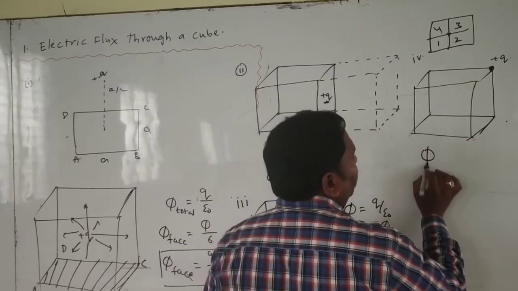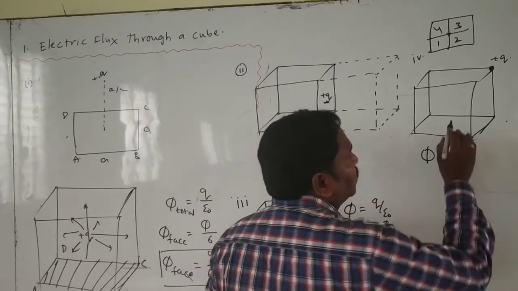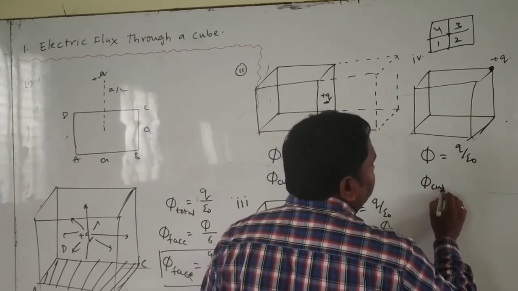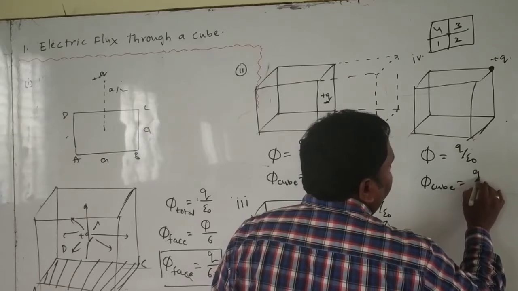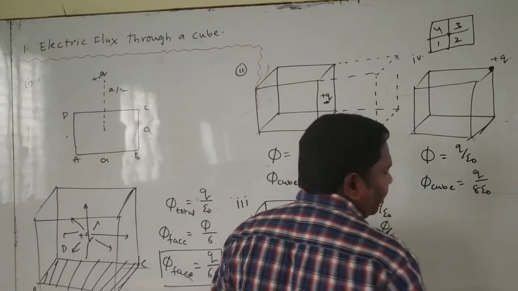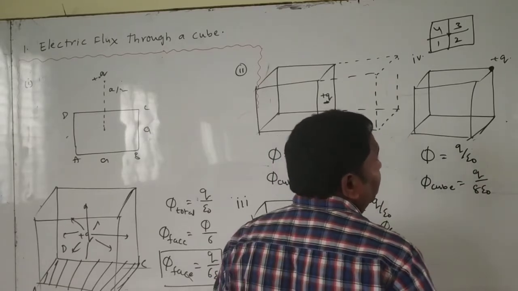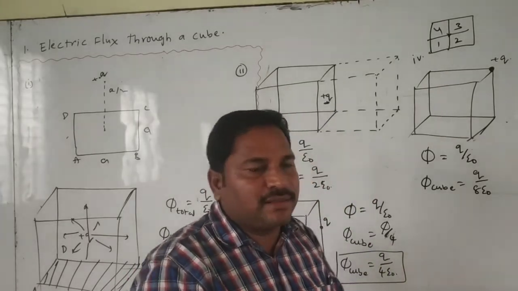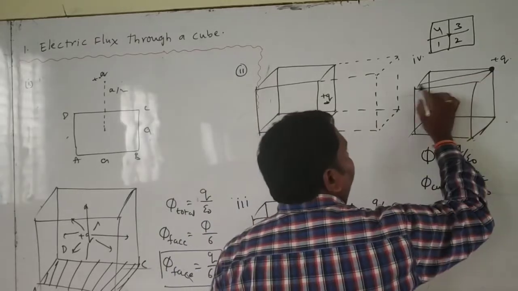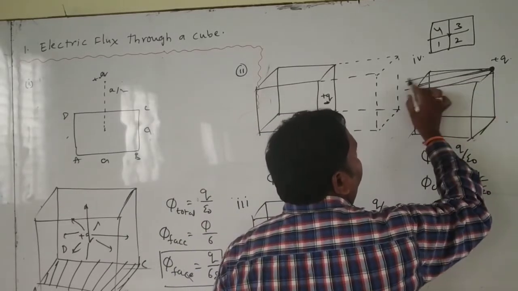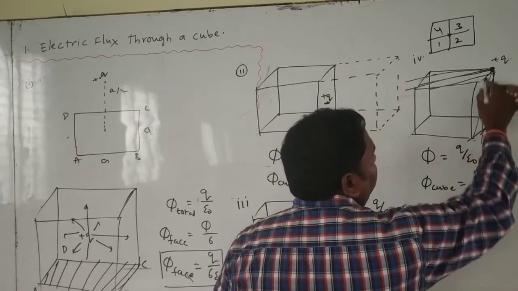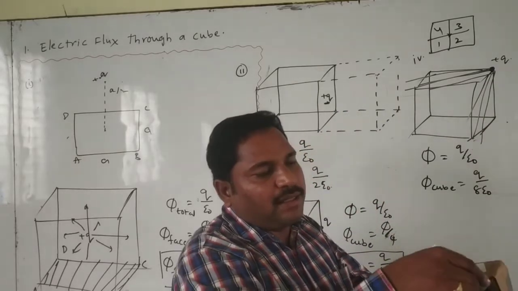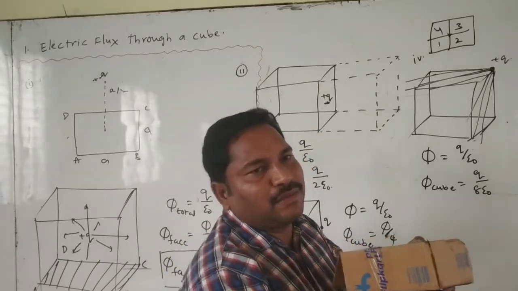So first, how much is the total flux produced by the charge? q by epsilon naught. For each cube, it is q by 8 epsilon naught. Then how much is the flux passing through each face? For this face, the lines are passing parallel. For this face also lines are passing parallel. This face, lines parallel, here also parallel, this is also parallel.